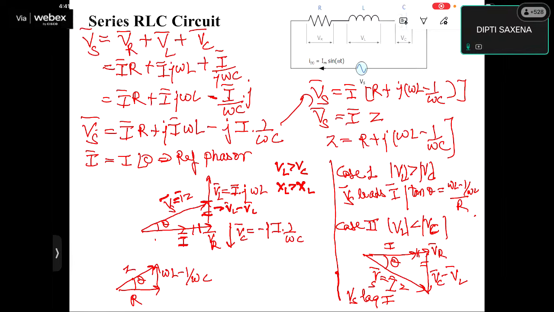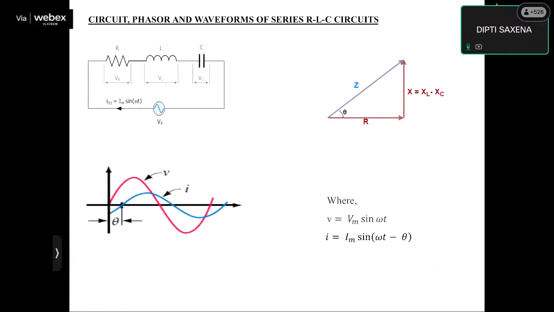That is, in an inductive circuit, as you have seen, the current lags the voltage by an angle theta. And if VC is greater than VL, then your circuit will behave like a capacitive circuit. And in both cases, the impedance will be equal to Z is equal to R plus j omega L minus 1 upon omega C.